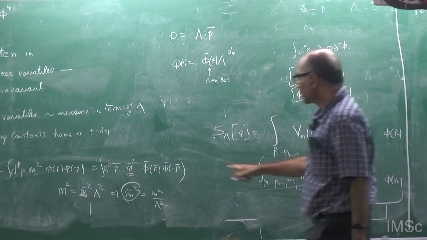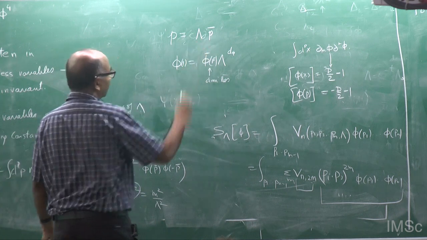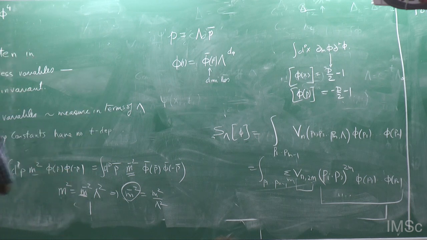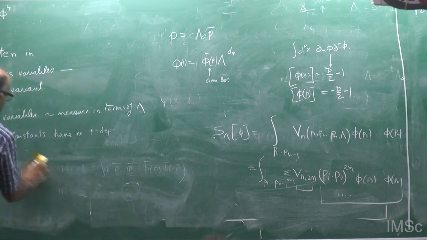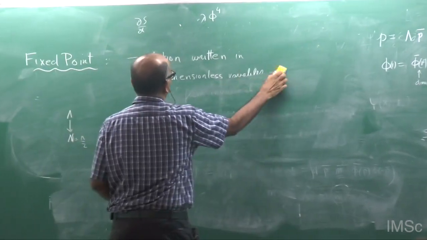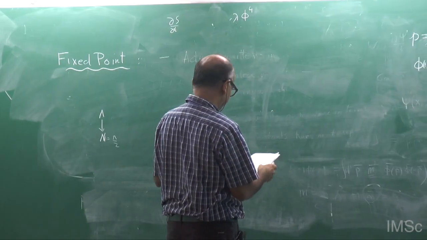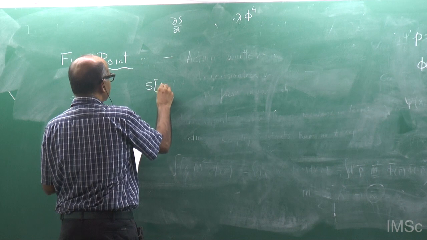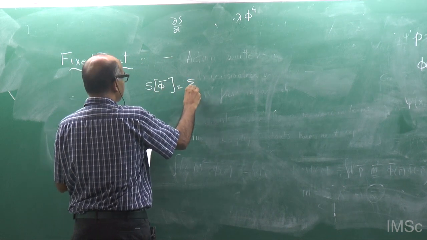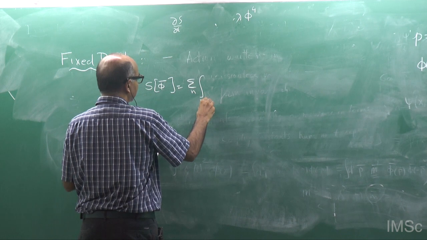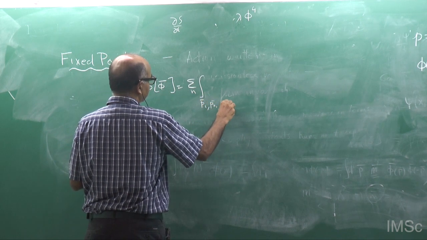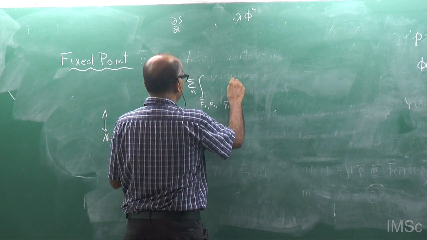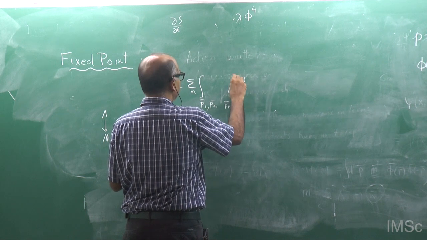So now if you put in the powers of lambda according to this rule, let's see what happens to your V. So let me do this here. So in terms of dimensionless variables, S, now it's S of phi bar, will be sum over n. So first of all, there is this lambda to the power of n minus 1 d.